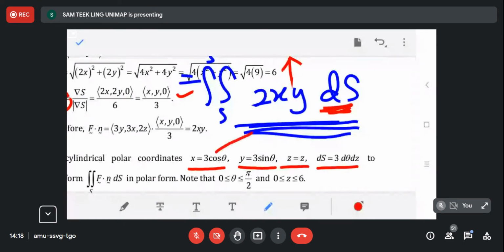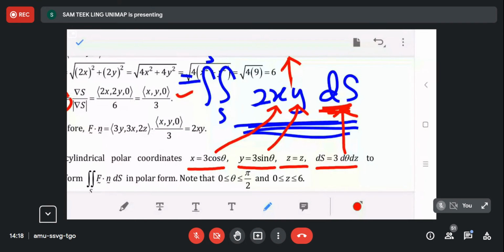So you replace, you put this inside z, then y, then dS. You substitute inside. Now we don't want x, y, z. We only want z and theta, in polar form.